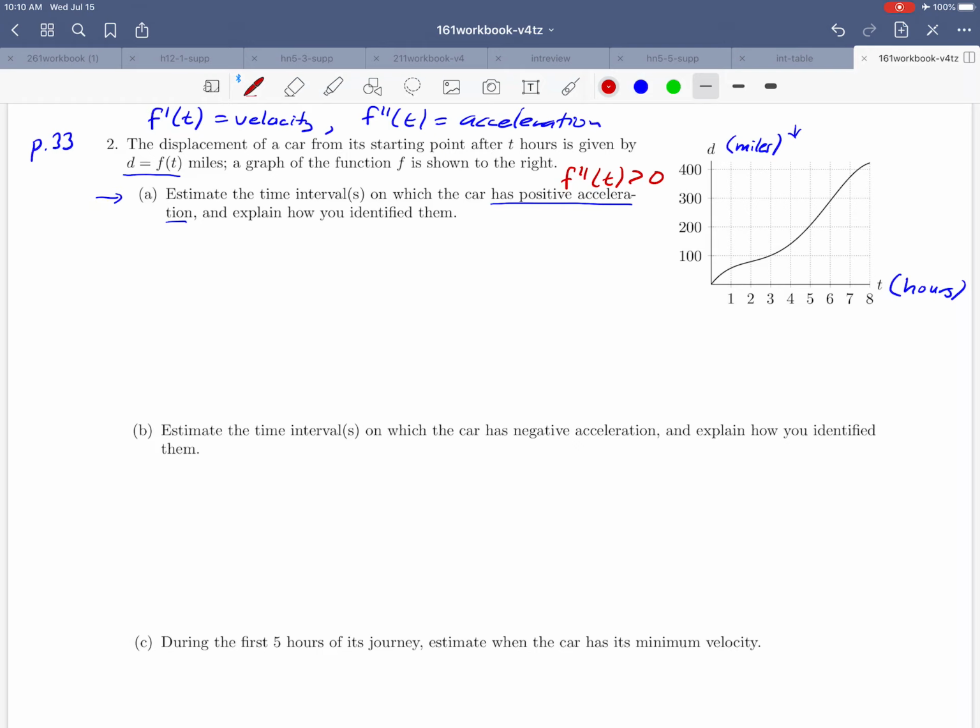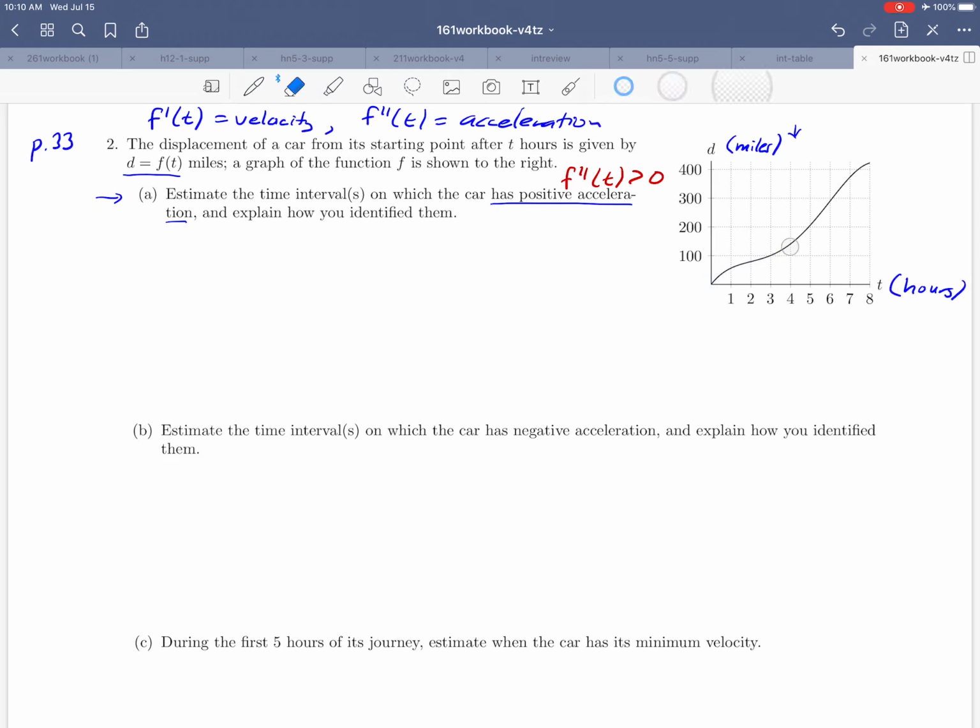So can we find the portions of our graph that are shaped like a right side up ball? I'm going to start at the beginning here. Notice that the first part of the graph doesn't work because that's more shaped like a downward facing ball. But then we reach a point where it starts bending in the other direction, shaped more upward. And the question is, where does it start bending upwards?